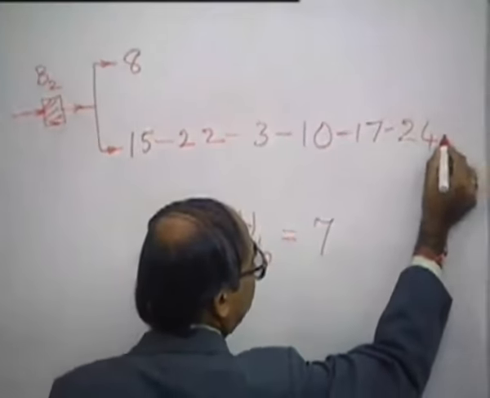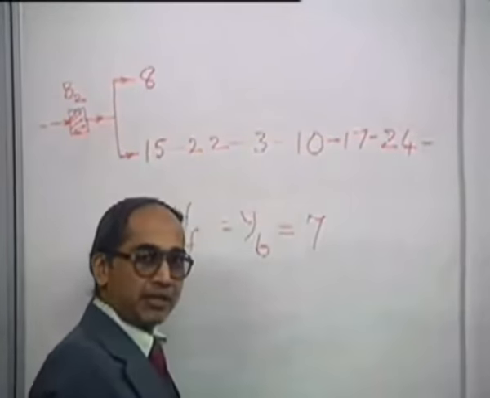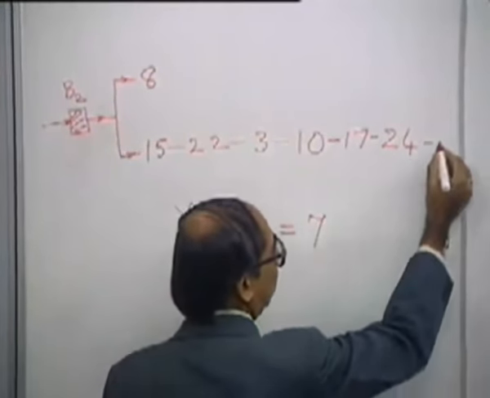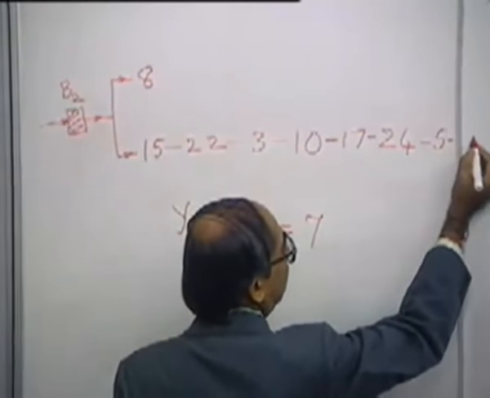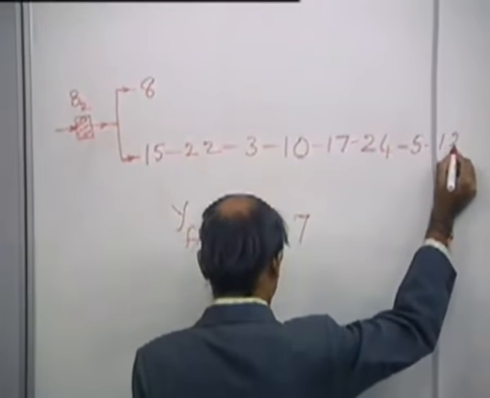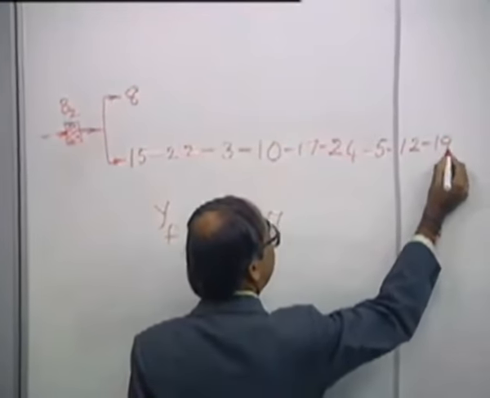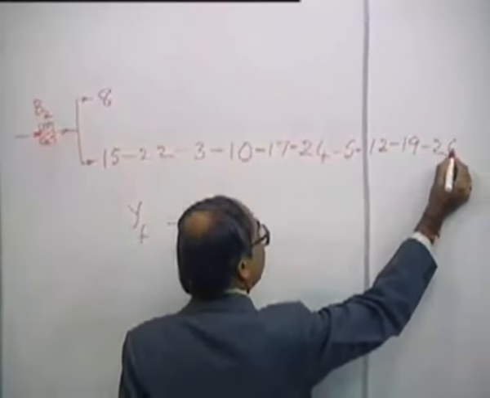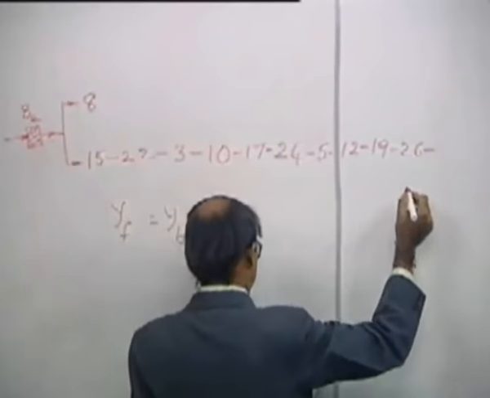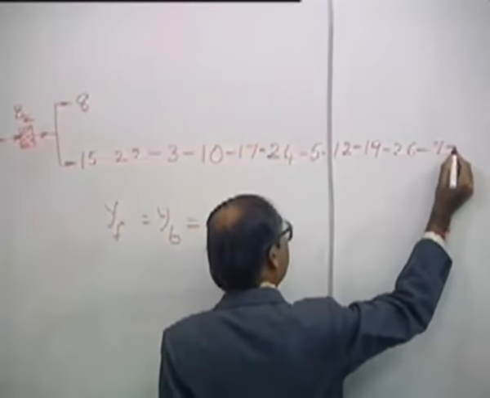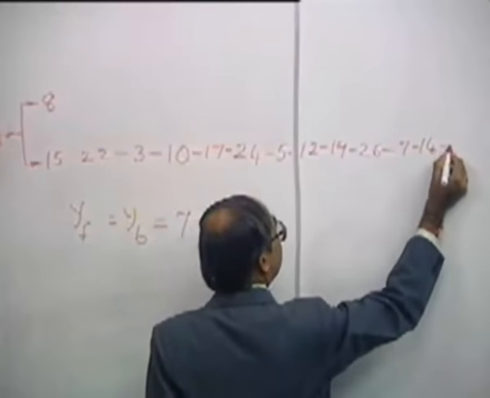You just add on 7, then 24 plus 7 is 31, because there are 26, it will become 5, then 12, then 19, then 26, then 7 and 14.